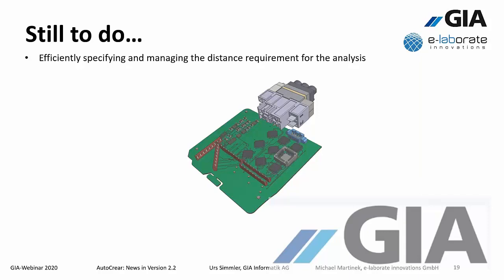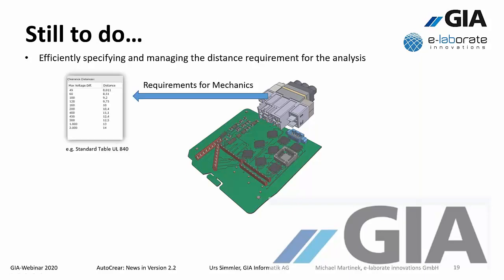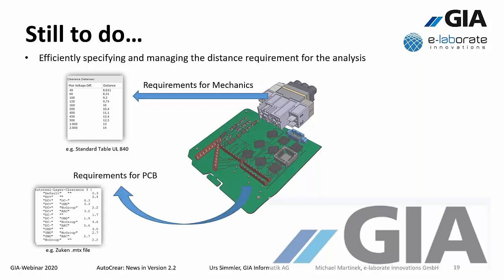Yeah, this is an improvement which is already in version 2.2, but what is still to do for the final release of the ODB++ interface is the next step, where you efficiently want to specify and manage the requirements for the analysis. We have a combined assembly here, and you have certain requirements for your mechanics which might come from standard tables. Then you have different requirements for your PCB.